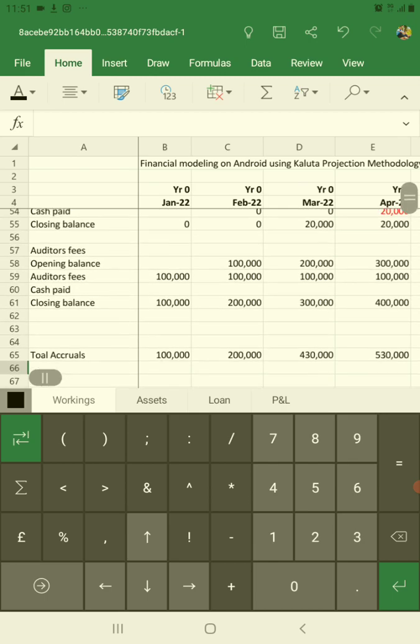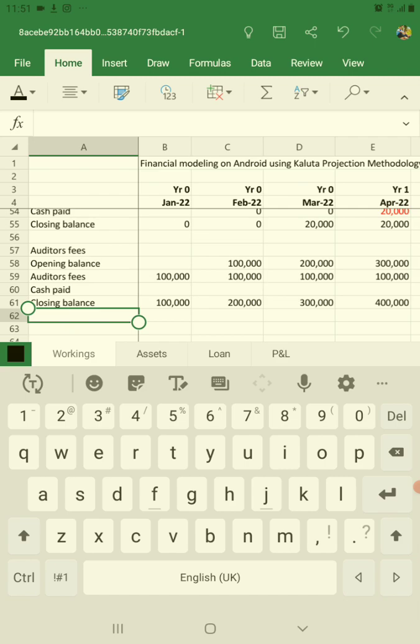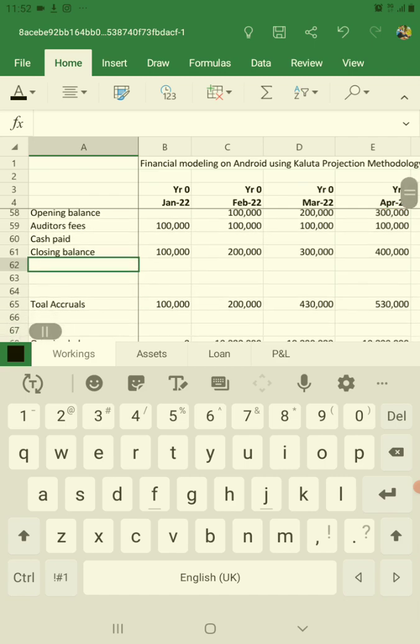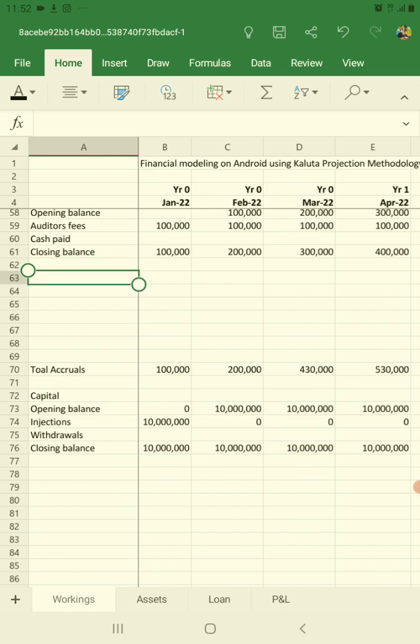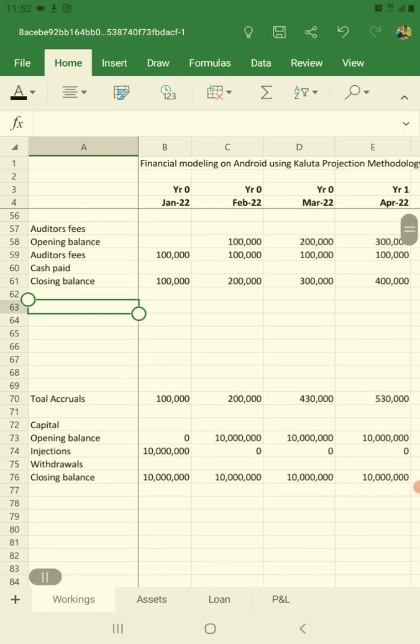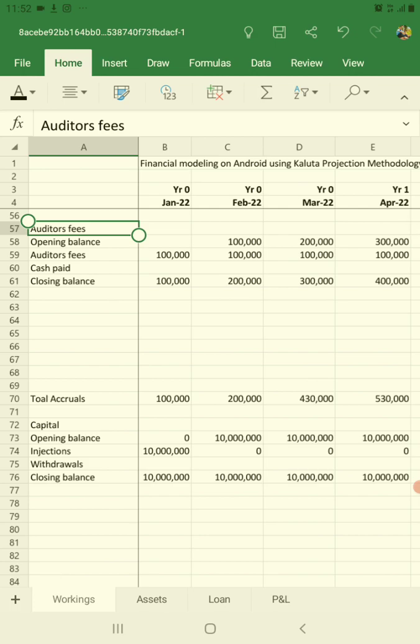So I insert rows here, insert sheet rows in order to accommodate it. Let me select some. Okay, so insert rows, and I can just copy this one, auditors fees.